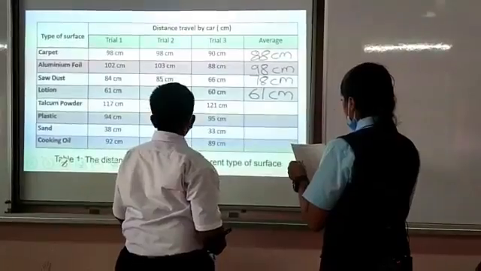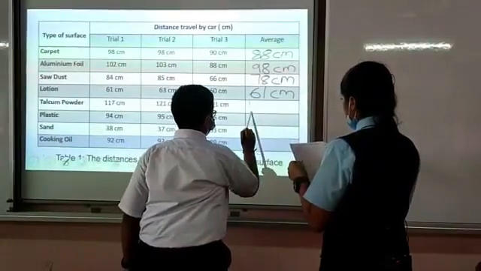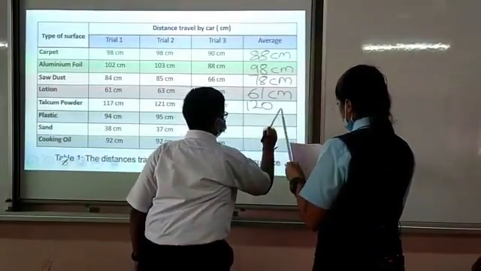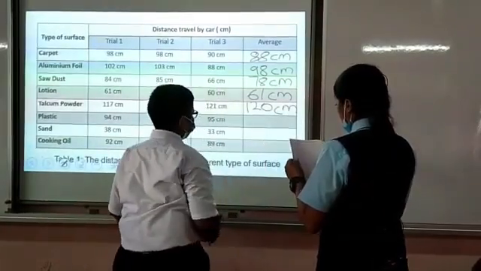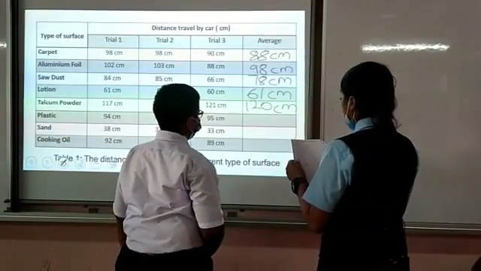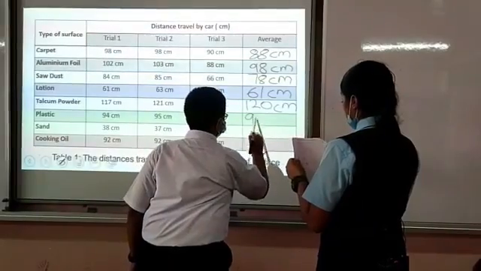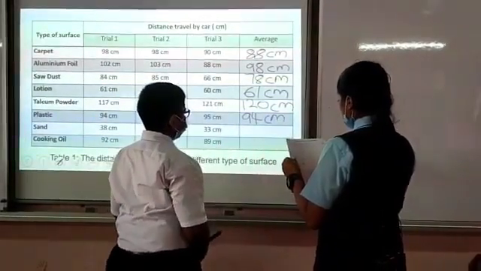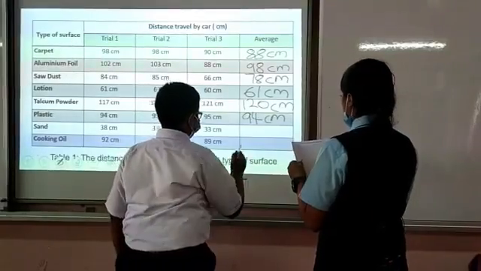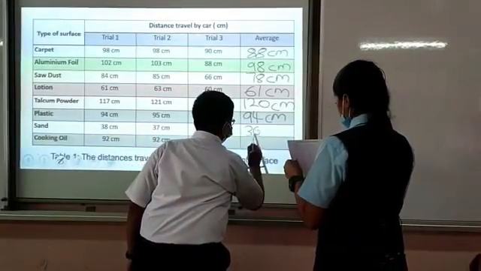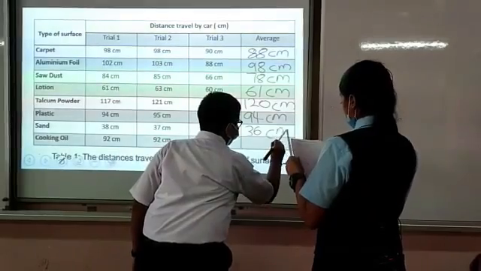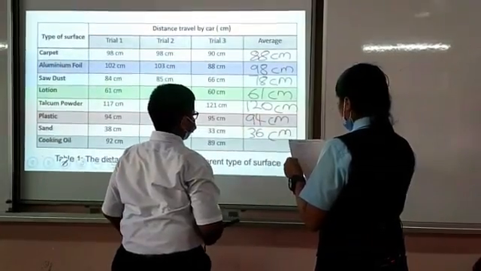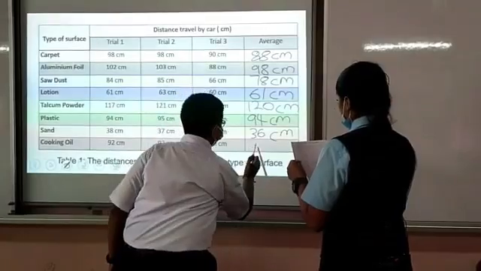Talcum powder 120 centimeters. Plastic 94 centimeters. Sand 36 centimeters. Cooking oil 91 centimeters.